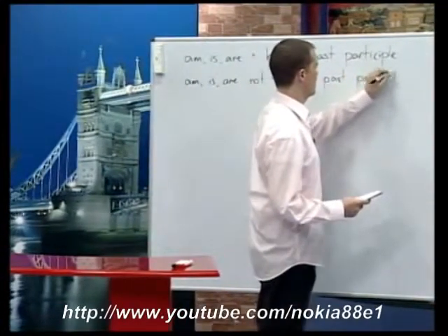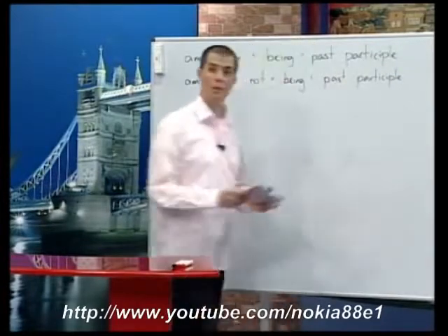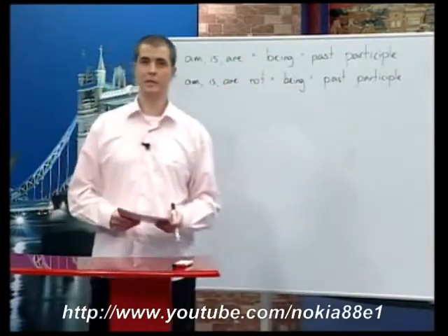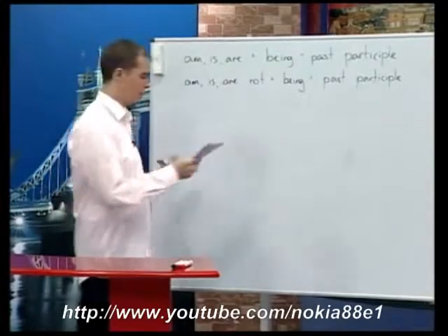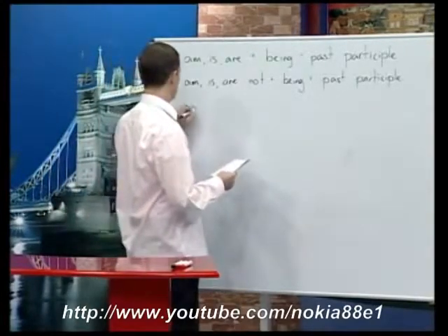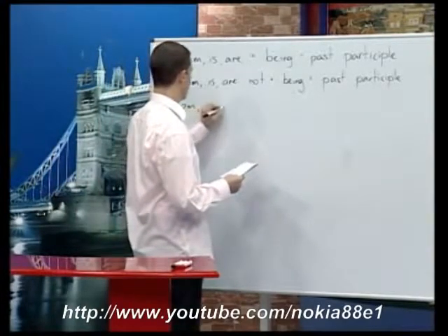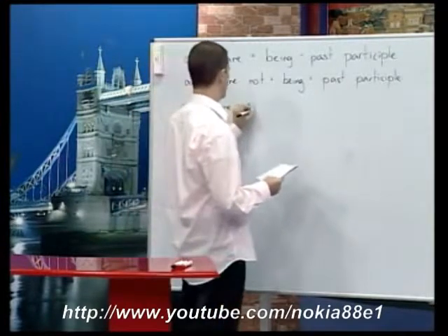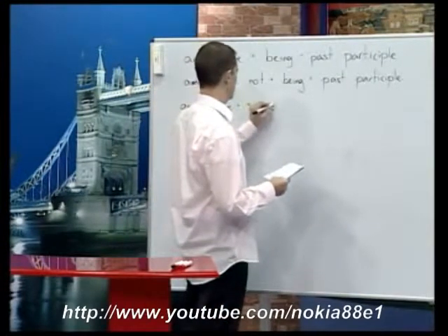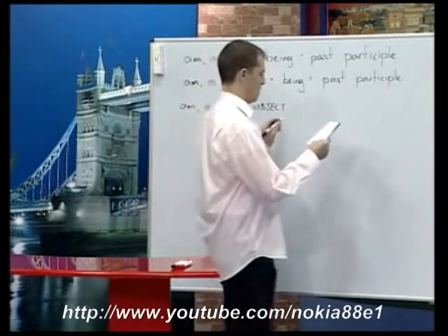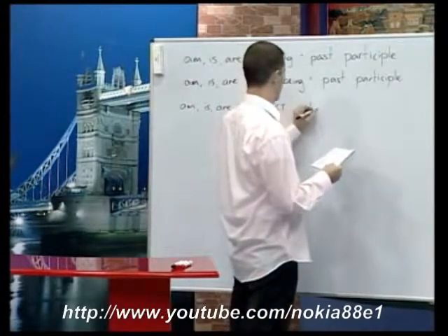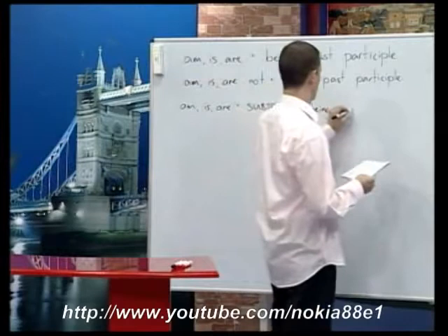And to form questions using the passive voice in the present continuous, we use am, is, are, plus subject, plus being and past participle.